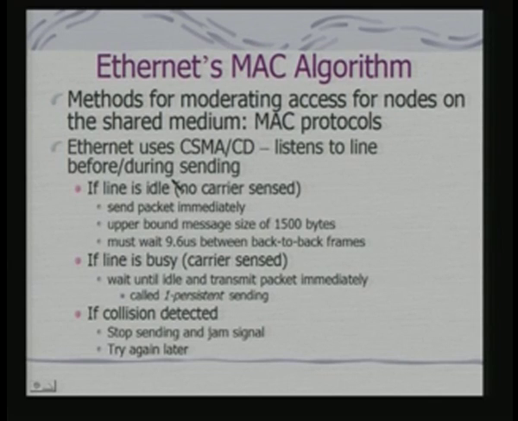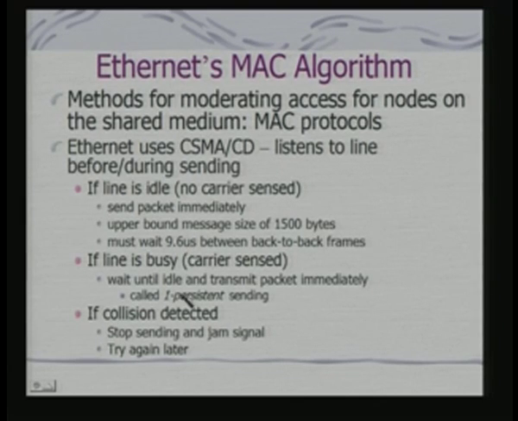So, what is the basic protocol? If the line is idle, that means no carrier is sensed, send the packet immediately. The upper bound of the message size is 1500 bytes, and you must wait 9.6 microseconds between back to back frames, because that gives a basic time interval.